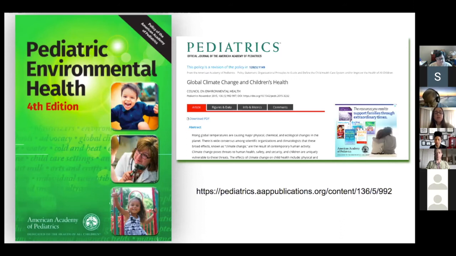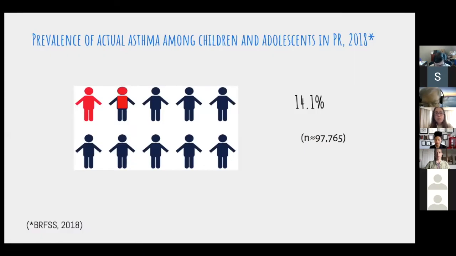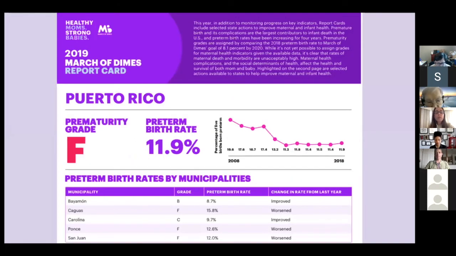And yet some of these conditions that I just mentioned are prevalent among our children. In Puerto Rico, for example, 14% of children and adolescents have asthma. This is the highest, actually double the prevalence in the mainland United States and territories. Despite commendable improvements, Puerto Rico continues to have one of the highest rates of premature birth in the United States.